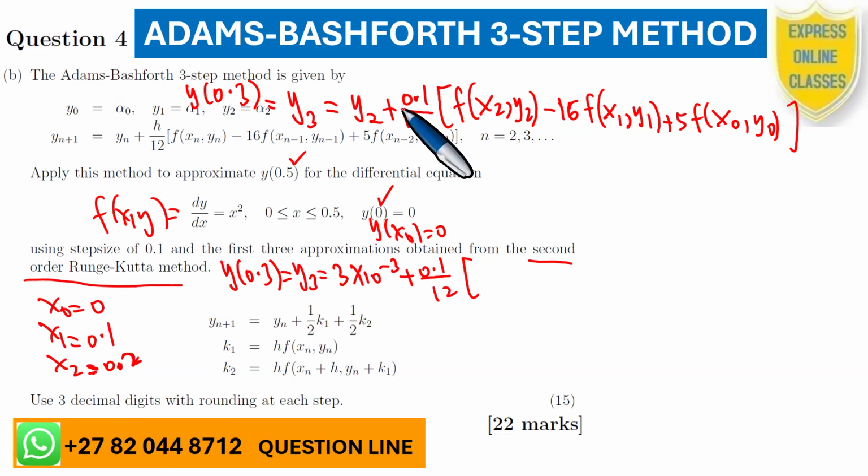Okay, so now we have x2, which is 0.2. For x3 you add 0.1, you get 0.3. x4 is 0.4. x5 is 0.5. So x2 is 0.2.